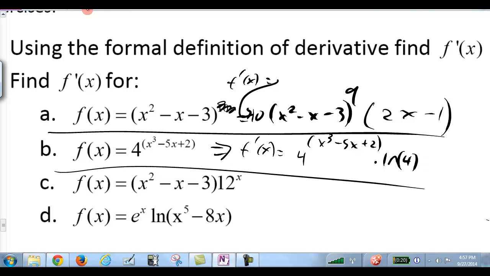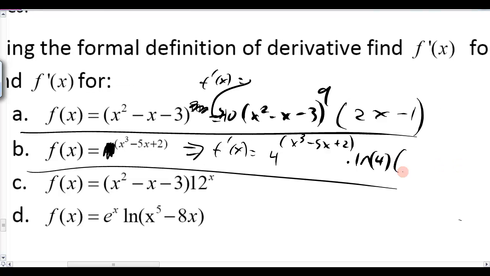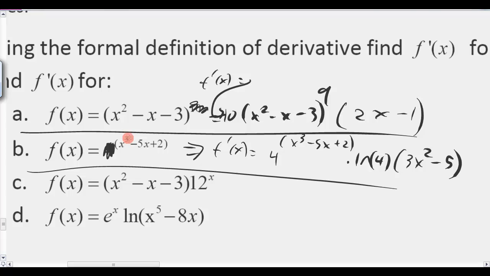So now that we ignored the junk, we do the derivative of the junk. So times, again, another chain rule, derivative of x cubed is 3x squared, minus 5. Done. And now we've done the derivative of all of this. So we're done. Okay.